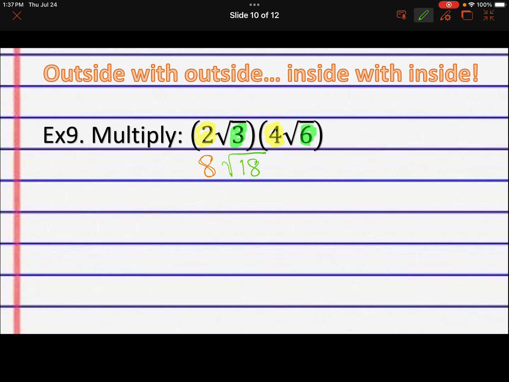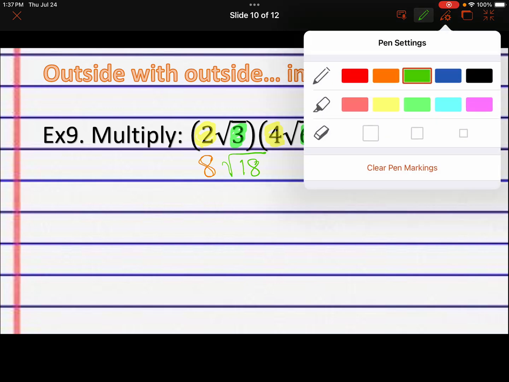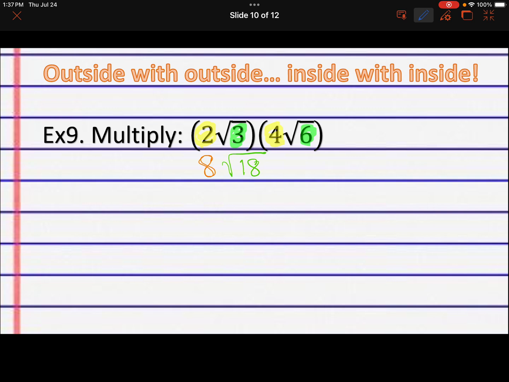Now, I would be all done if 18 had no hidden perfect squares inside of it. But I already am thinking to myself, well, I know one way to break apart 18 is 9 times 2. So there is a hidden perfect square. So this is really 3 radical 2 times, and I still have that 8 that's out in front.